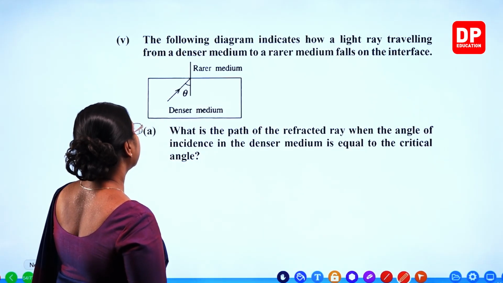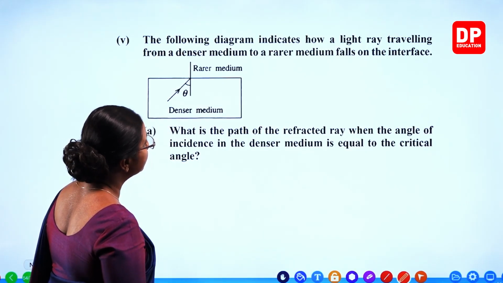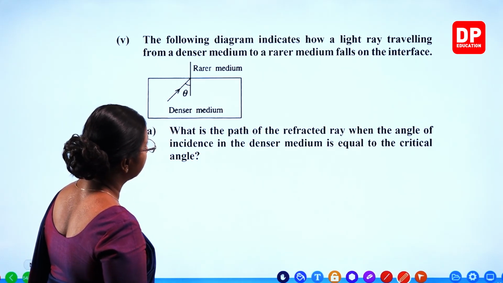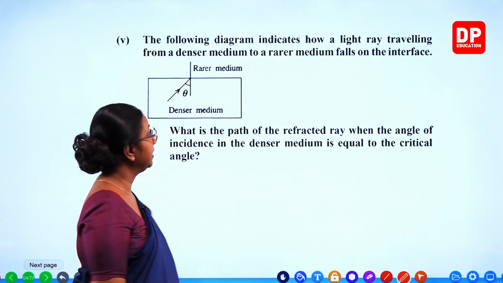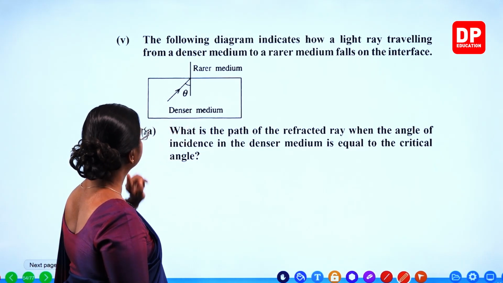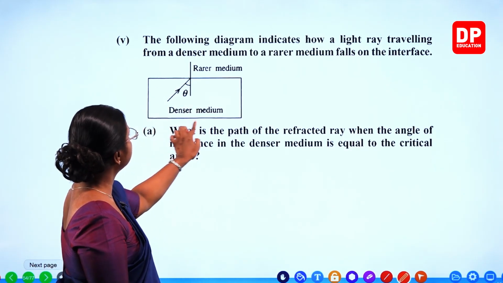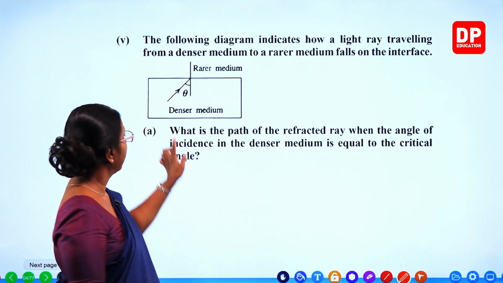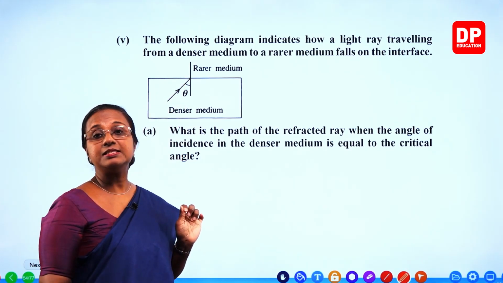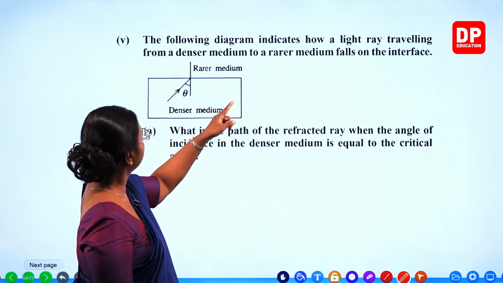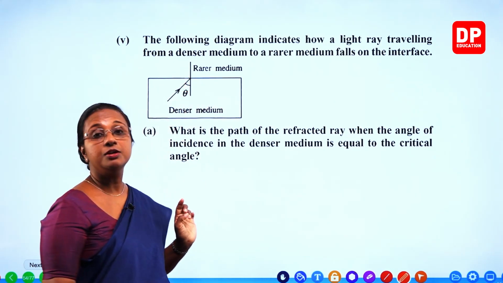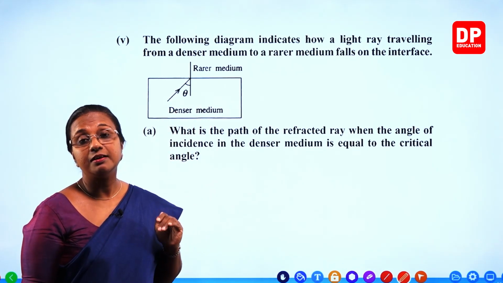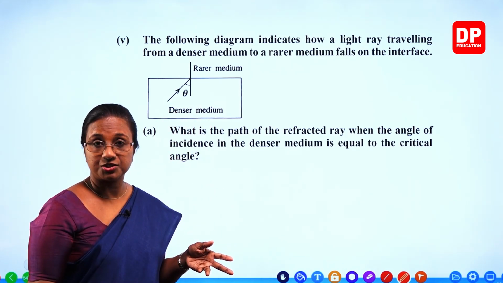The following diagram indicates how a light ray traveling from a denser medium to a rarer medium falls on the interface. If you look at the diagram, here it is the denser medium. This is the incident ray and the angle of incidence is theta. Then you have the rarer medium, they have drawn the normal, but they have not shown the refracted ray or the angle of refraction.